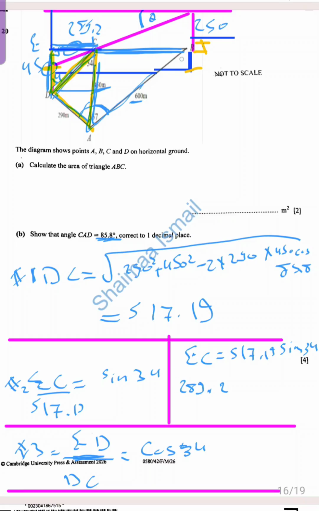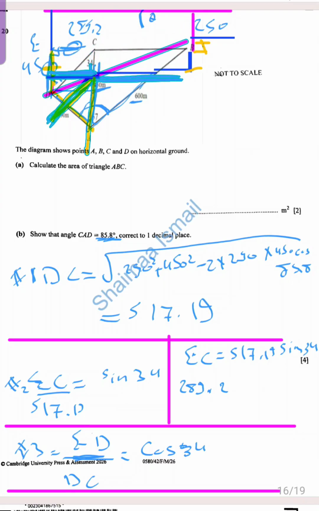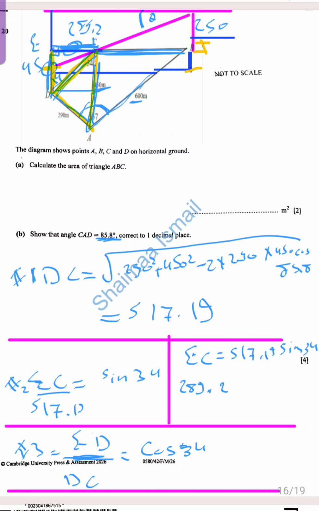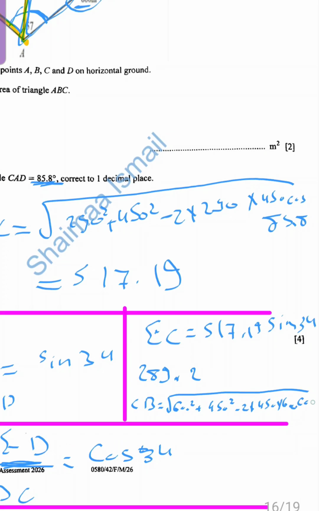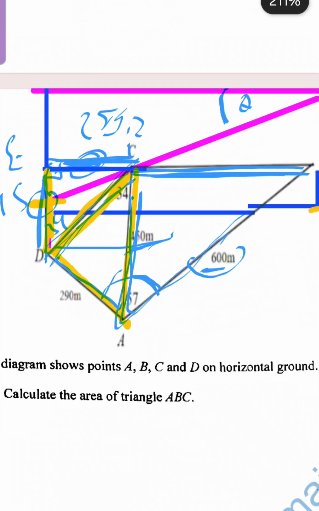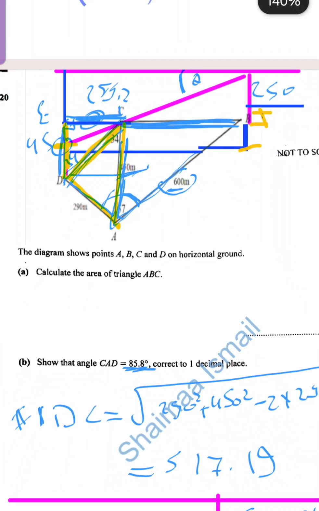So we can say the complement part here, which we already have a name of CP. So the CP here will be the root of 600 squared plus 450 squared minus 2 multiplying by 450 multiplying by 600 multiplying by cosine 57, just to get this complement part here.